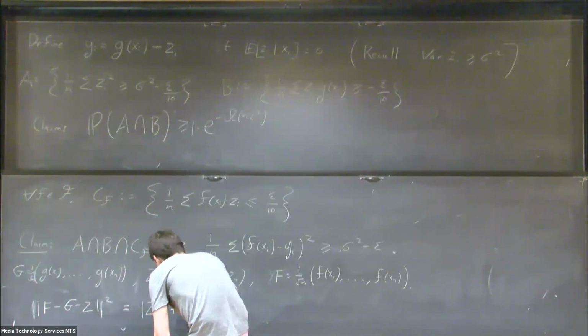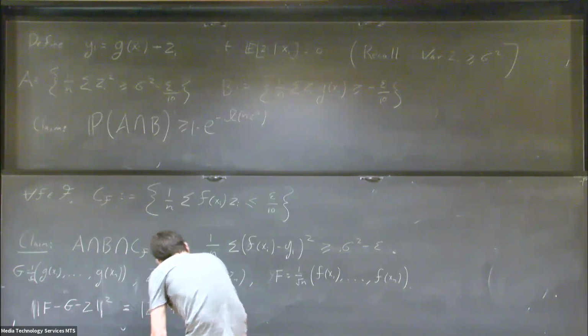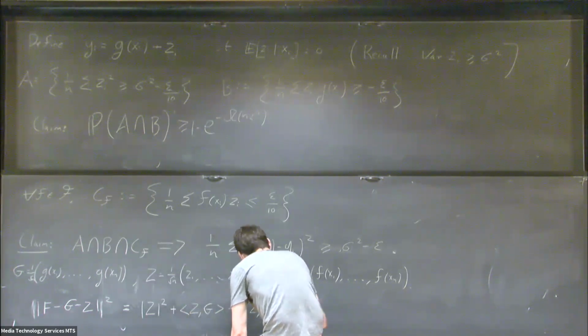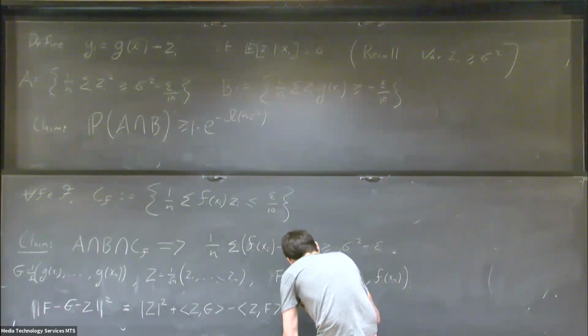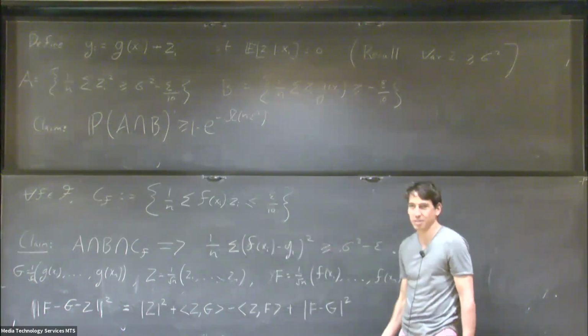Plus, what do I have? ZG minus ZF plus F minus G squared. I opened it correctly.